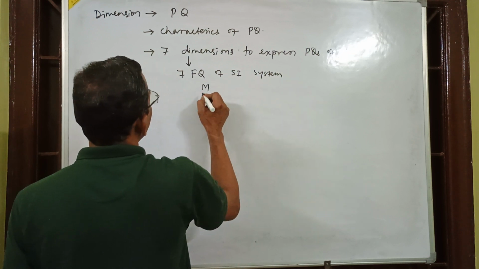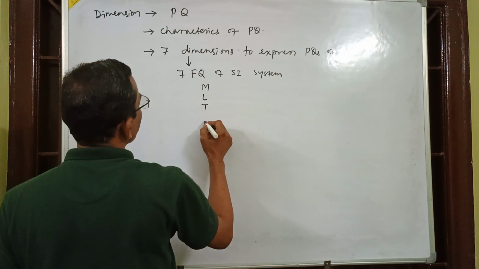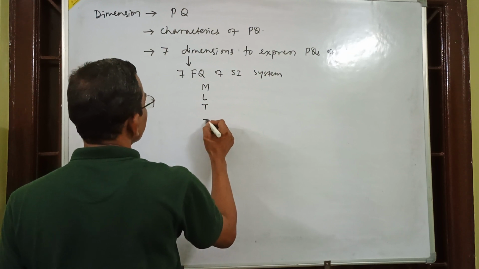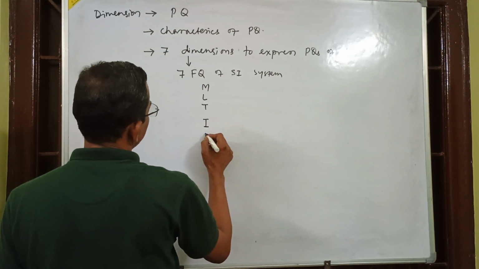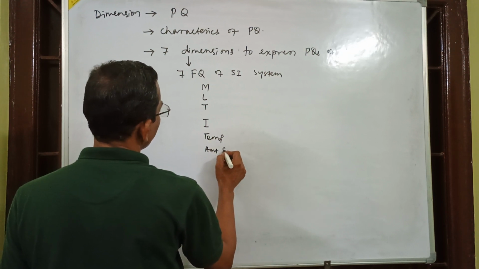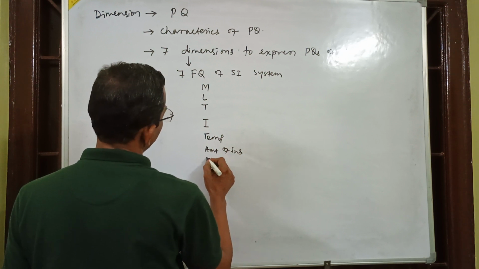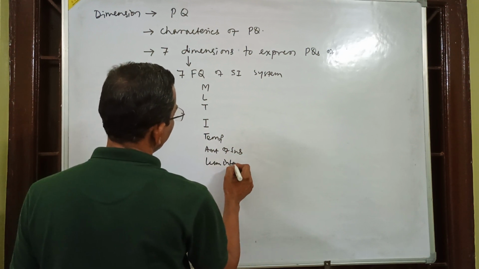Those are mass, length, time, electric current, temperature, amount of substance, and luminous intensity.